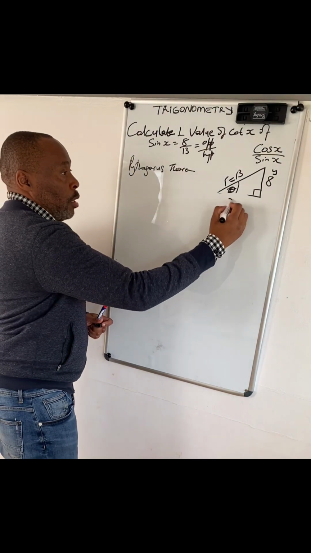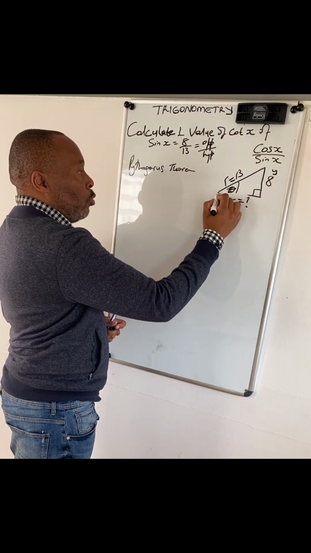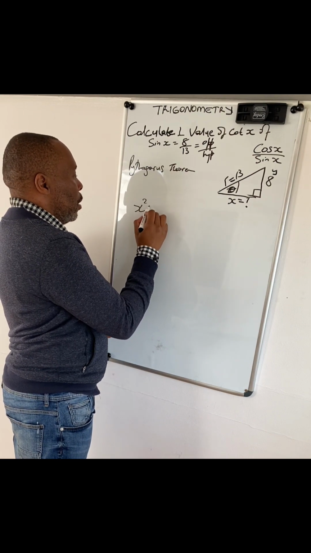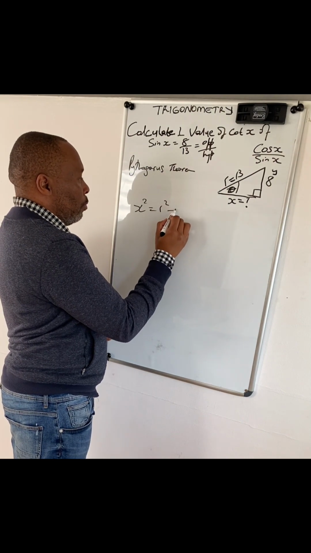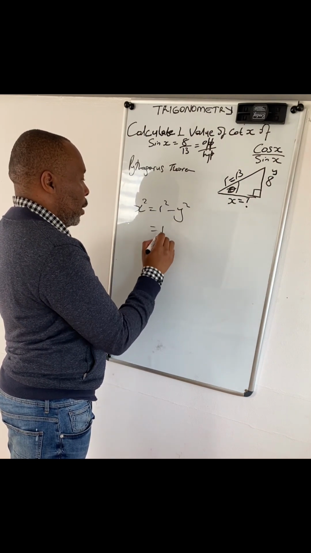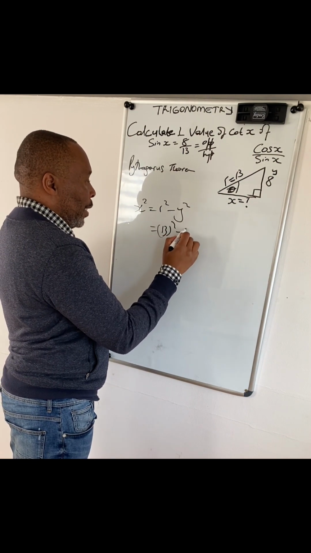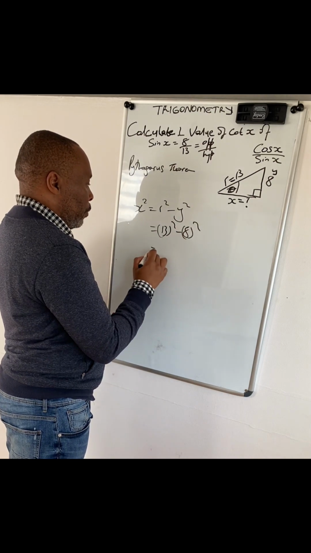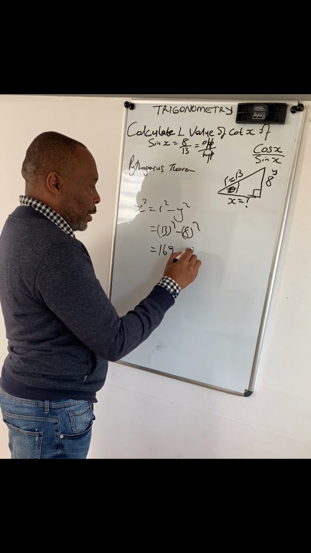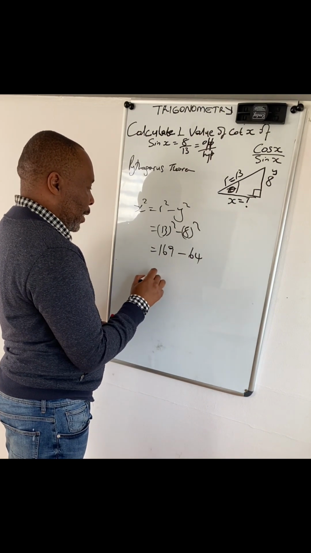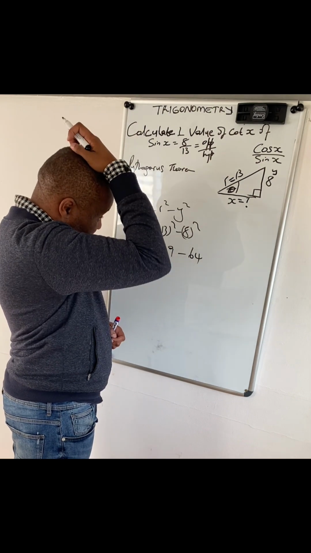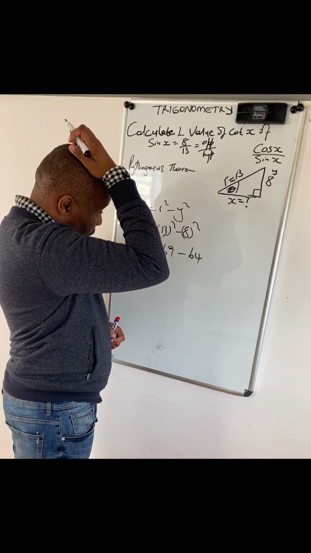So we're looking for x, therefore we have x squared is equal to r squared minus y squared. We need to find the value of x using 13 squared minus 8 squared. 169 minus 64 is 105.